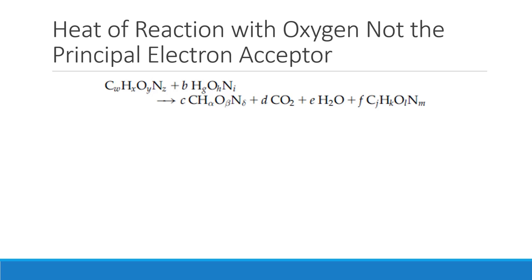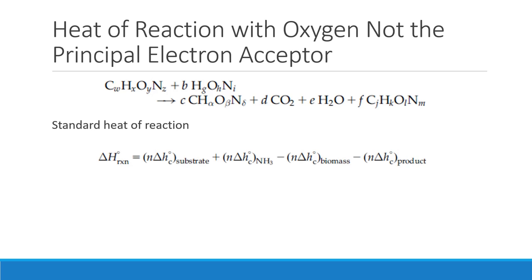Ammonia is used as a nitrogen source and heat of combustion of water and carbon dioxide becomes zero, and the equation for standard heat of reaction can be written in terms of standard molar heat of combustion of substrate, ammonia, biomass and the product, where N is number of moles of the compound taken for study.